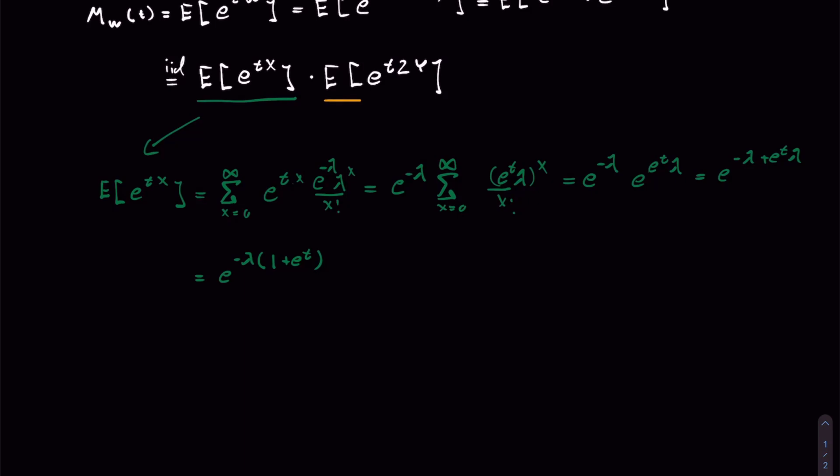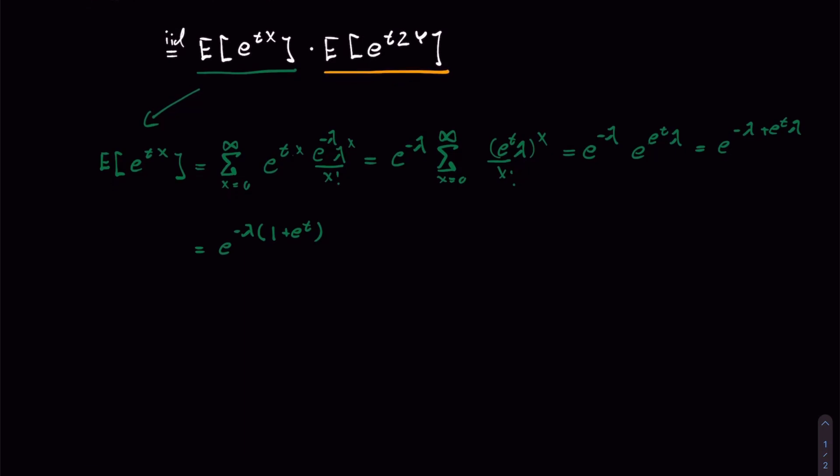Let's do the same thing, calculating what the MGF for the other term is. It's the same calculation, but the only difference is that we have multiplied by 2 here.